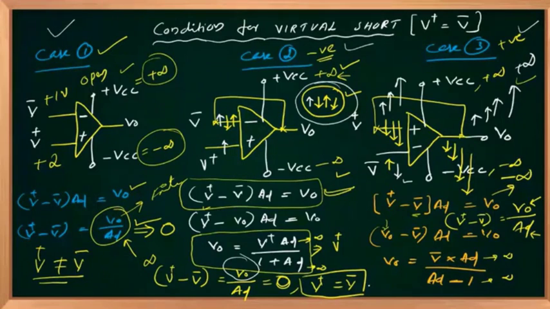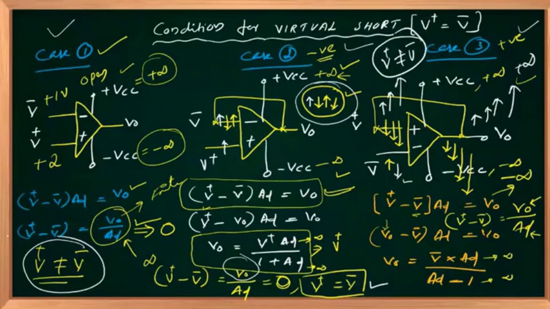That will give you the condition V plus equal to V minus. So in case number 1 and case number 3, V plus is never equal to V minus. In case number 2, you will have the V plus equal to V minus condition.